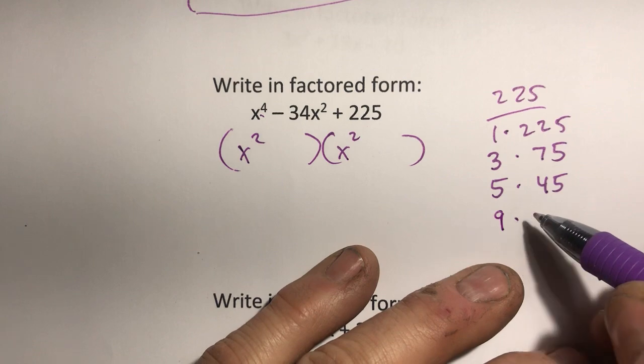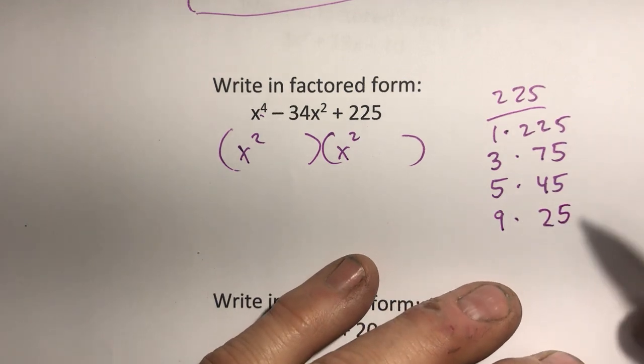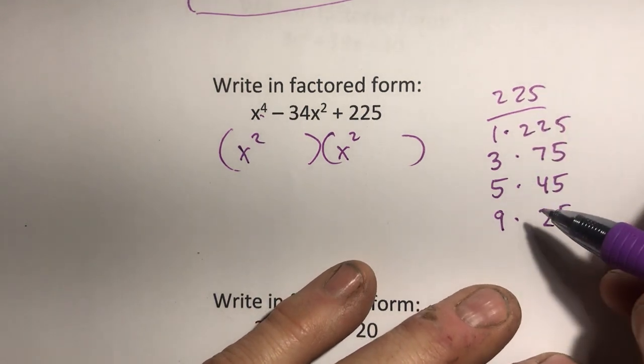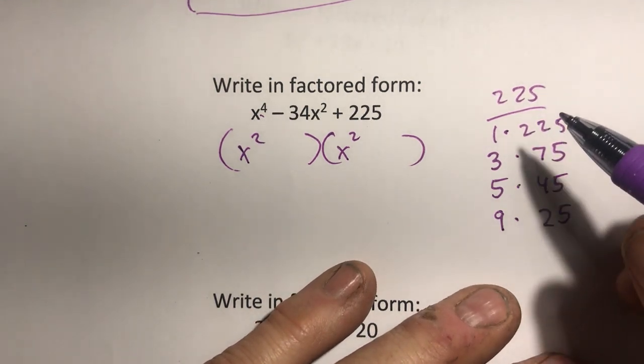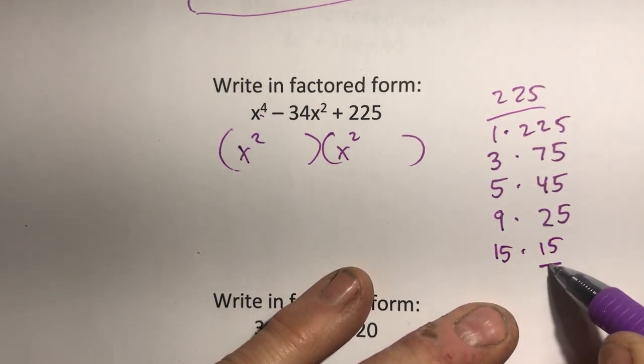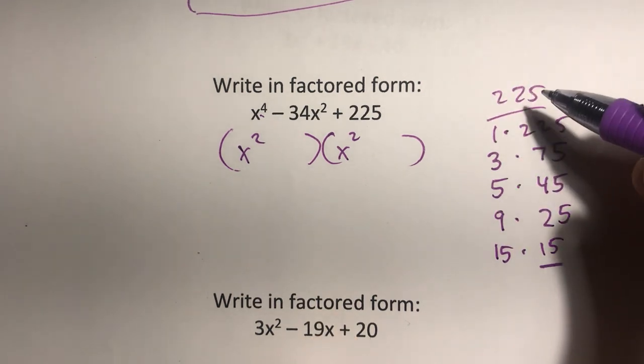All right, 9 goes into it. 25 times 9. 225 divided by 10 is a decimal. 11 is a decimal. 12, 13, 14, and then 15 times 15. So there's all the ways to multiply two numbers to get 225.